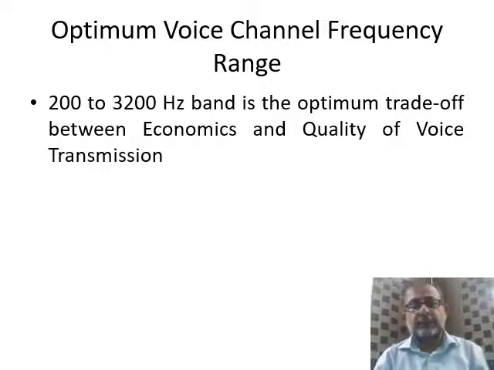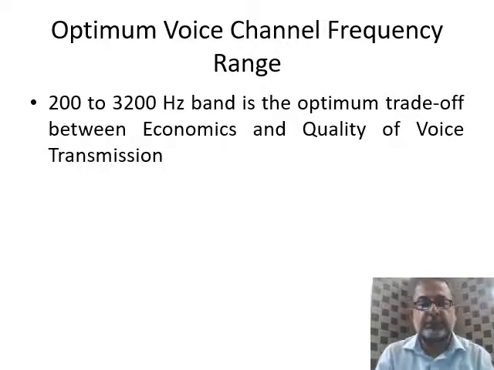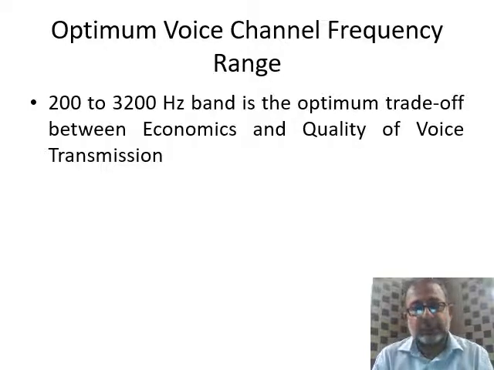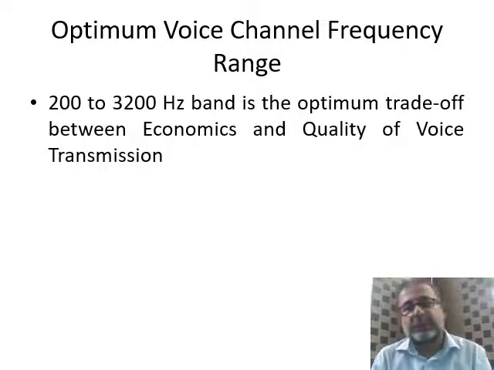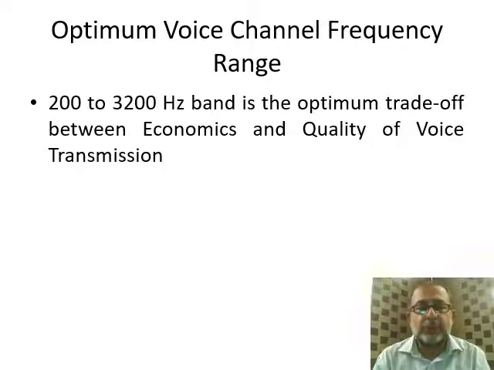So the 200 to 3200 hertz band is an optimum trade-off between economics and the quality of voice transmission. By economics, we mean that only this much bandwidth is required for a single voice. If we had 20,000 hertz, then the available bandwidth in our telecom systems would not be enough to cater to as many customers.